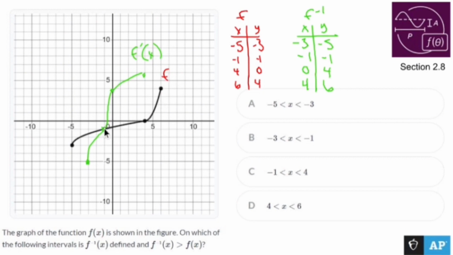So after negative 1 and all the way to regular 4, because it stops at 4, after negative 1 to 4 appears to be where my f inverse is bigger than my f. So between negative 1, maybe not including negative 1, so I'll keep that as a parenthesis, in between negative 1 and regular 4 is going to be C.